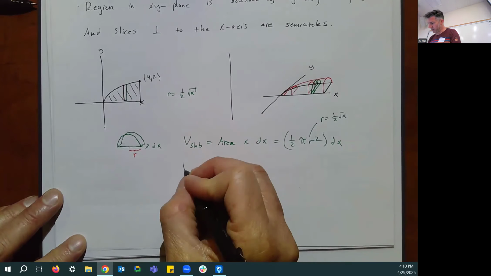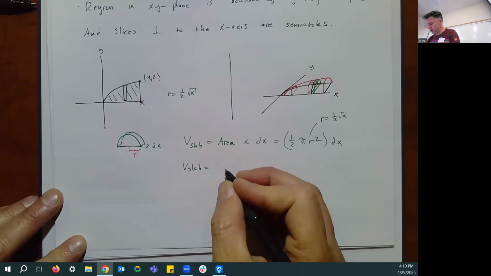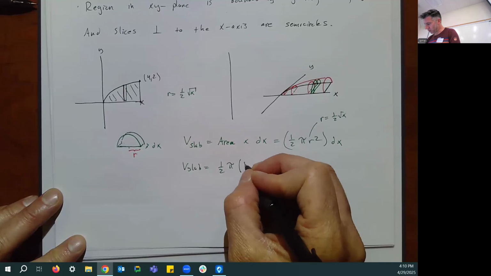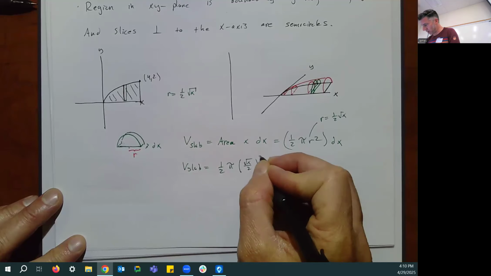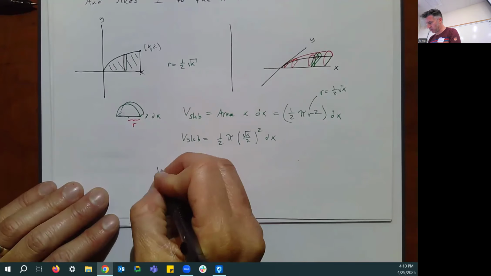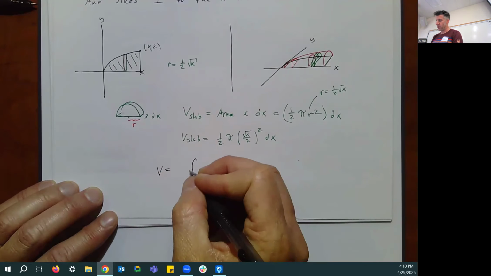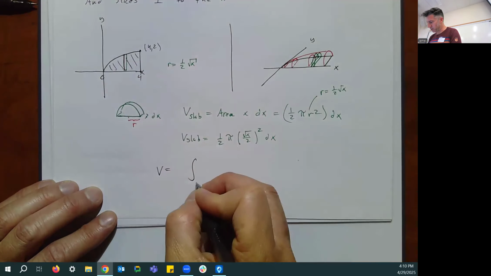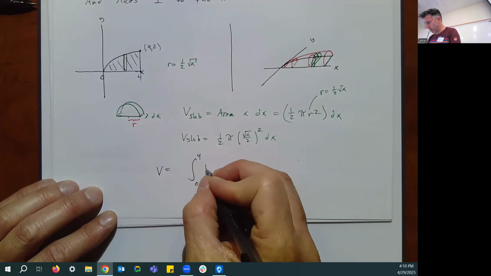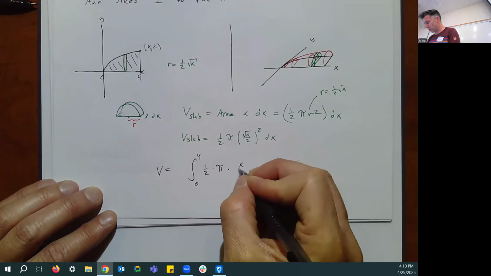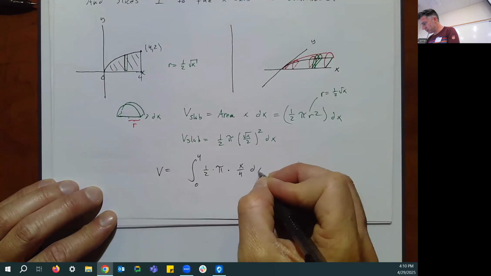So the volume of my slab is going to be 1/2 times pi times square root of x divided by 2, squared, dx. And our total volume is going to equal the integral from as far left as 0 to as far right as 4 of 1/2 times pi times, let's simplify that, x over 4 dx.